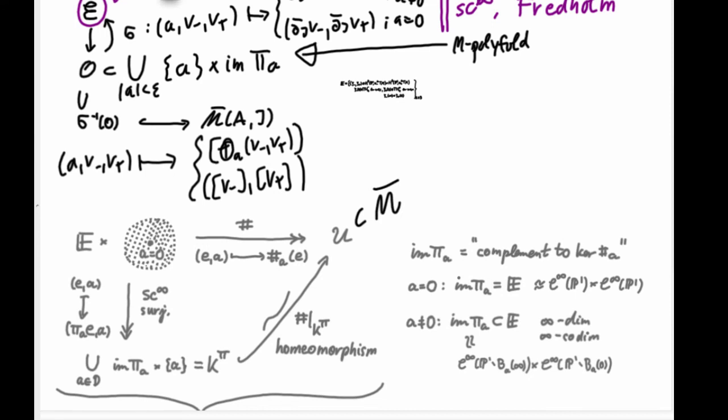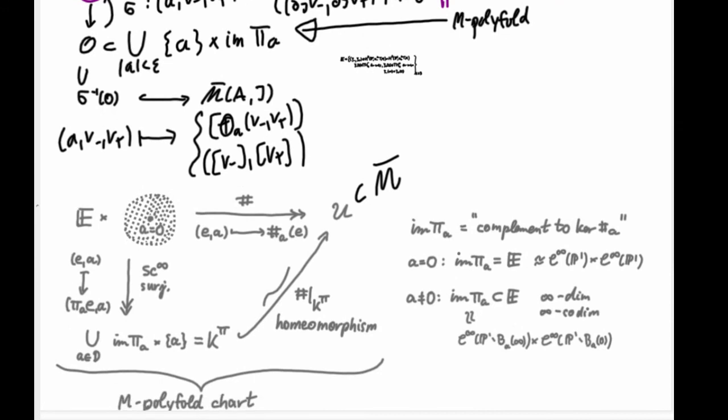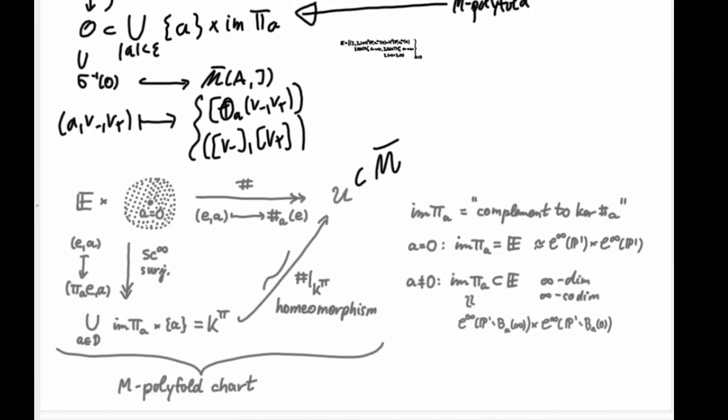I wanted some projection to some subset on which that's a homeomorphism, and the rough idea was that I should do nothing with my projection at A equal to 0, and at A not equal to 0 I'm essentially going to see just the values away from the node.